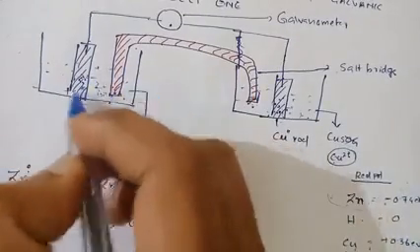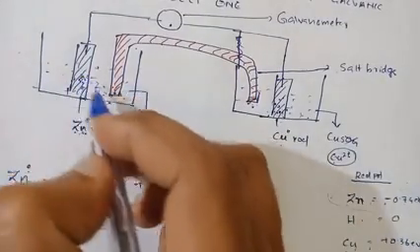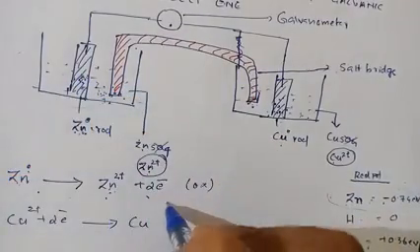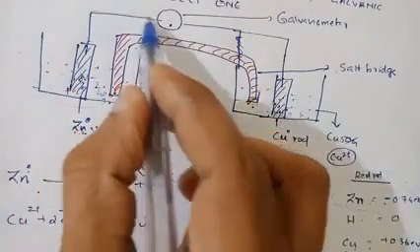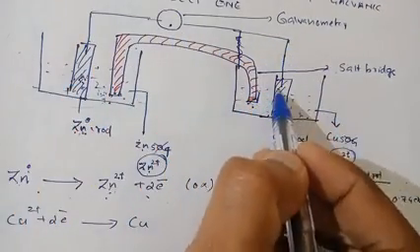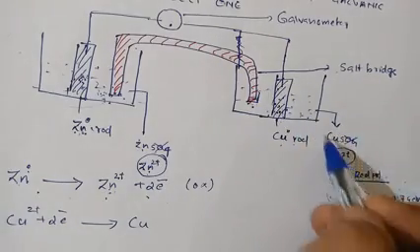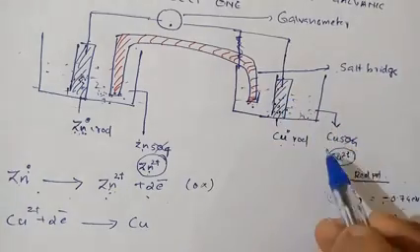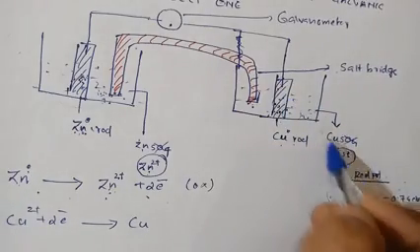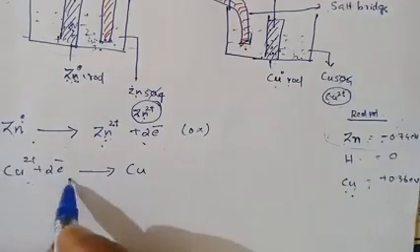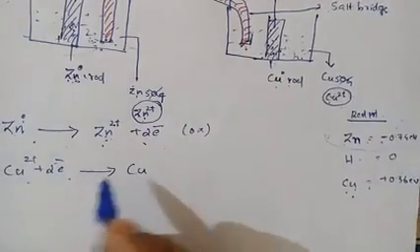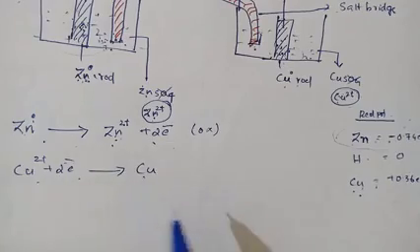That Zn2+ enters into the liquid and the 2 electrons move through the electrodes and reach the copper rod. Around the copper rod, Cu2+ ions are there. The negatively charged electrons will combine with the positively charged Cu2+, the charge will get cancelled, so Cu.